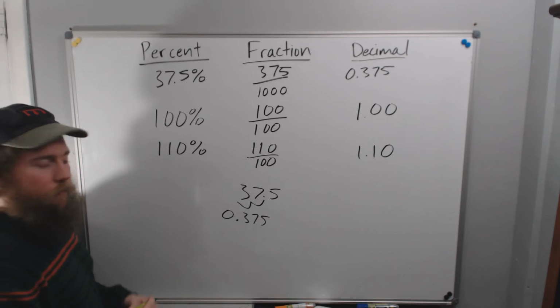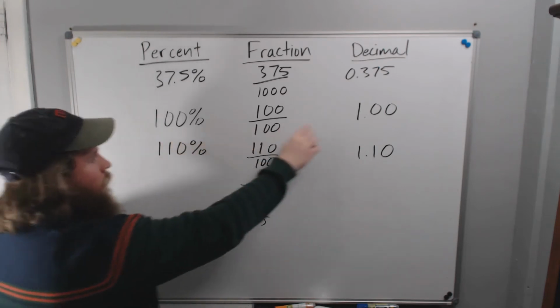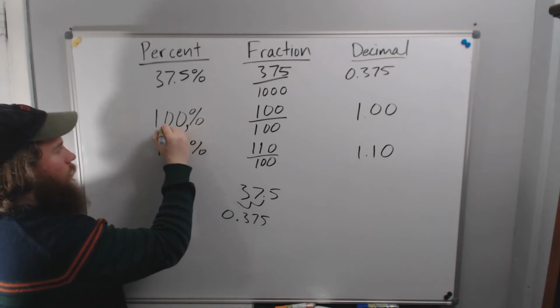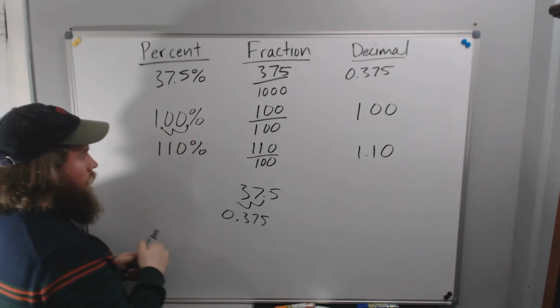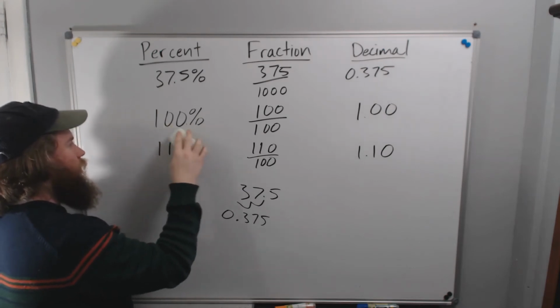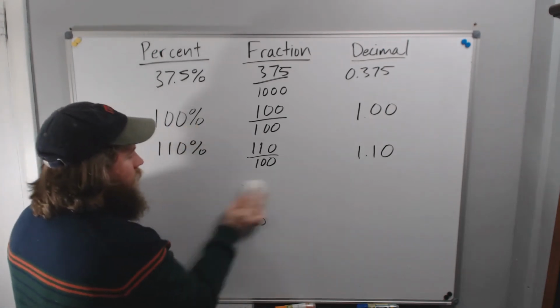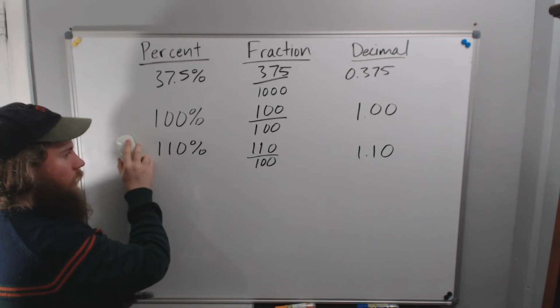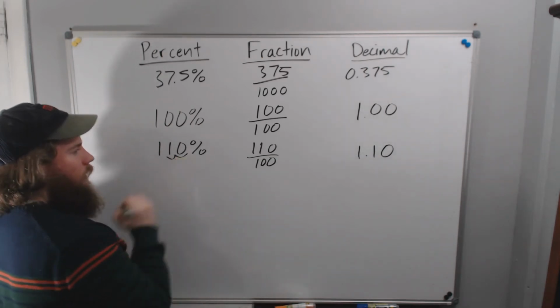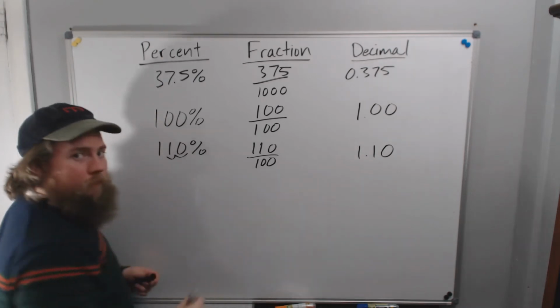Throw a 0 in there just for good measure. Same with this one. The decimal was here, and it jumped over here. Same thing happened with this one. The decimal was here, and now it's here.